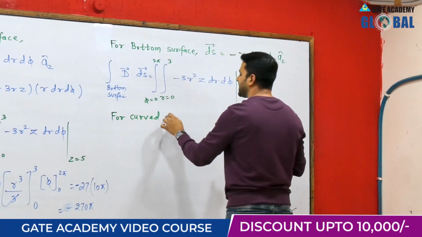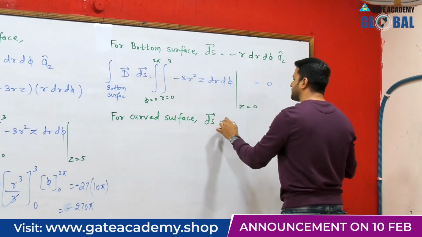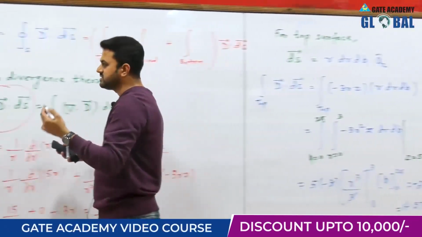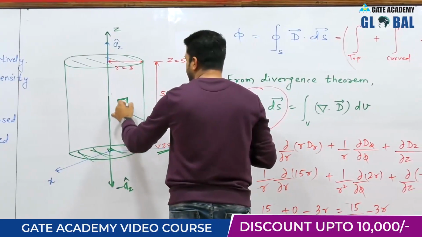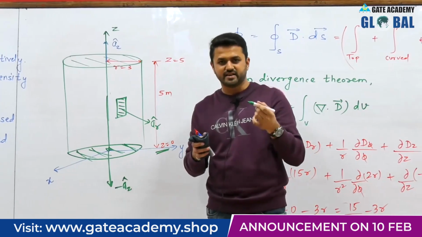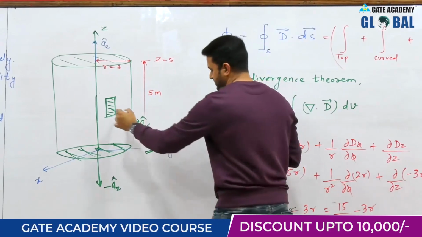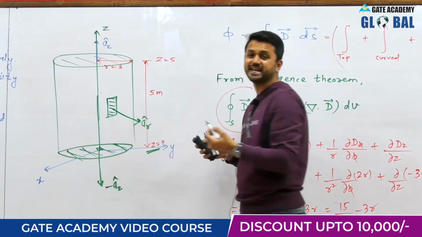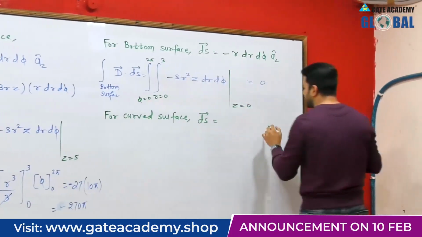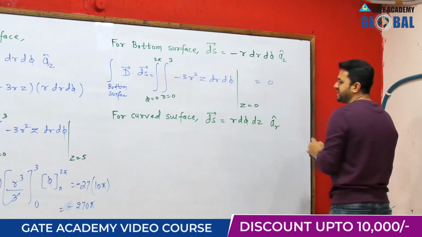Now we have to calculate for the curved surface. For the curved surface, we are talking about this part of the cylinder where the radius is constant, because on the cylinder surface the only thing which will remain constant is the radius. So the direction of this curved surface will be in the direction of r. In the direction of r the differential surface in cylindrical coordinate system is r d phi dz.